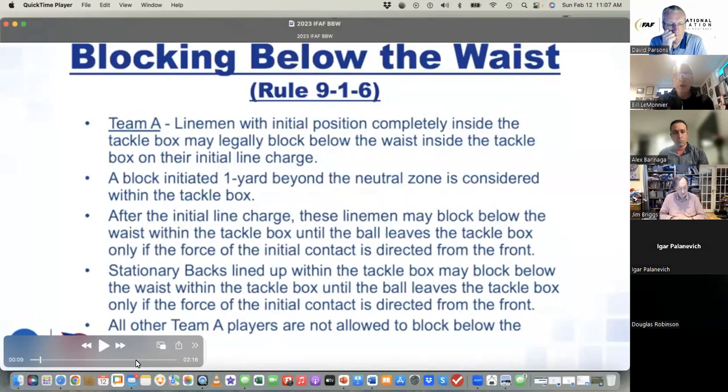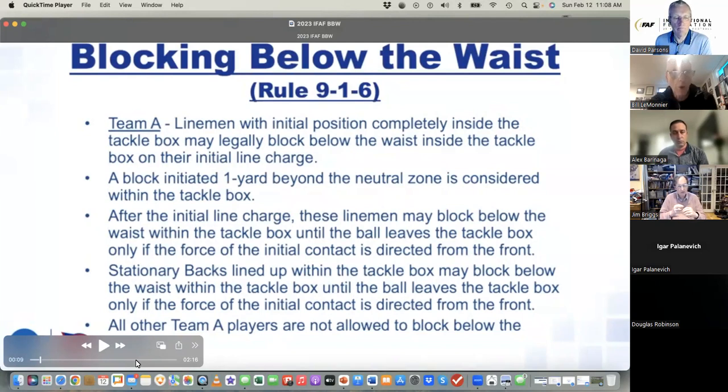As Jim pointed out, for Team A blocking below the waist, linemen have to be in an initial position inside the tackle box and in their initial line charge. As they come up out of their stance, their feet are going to move.